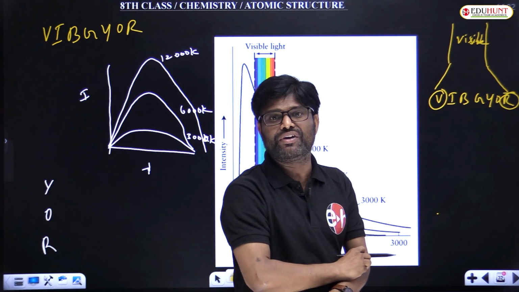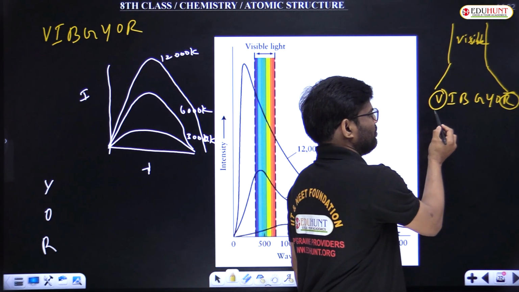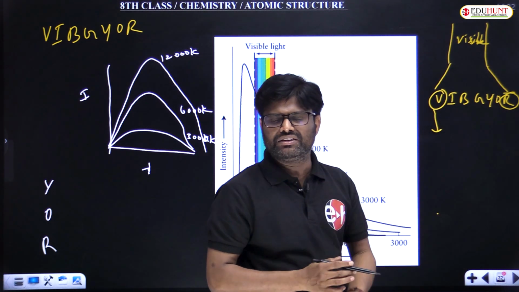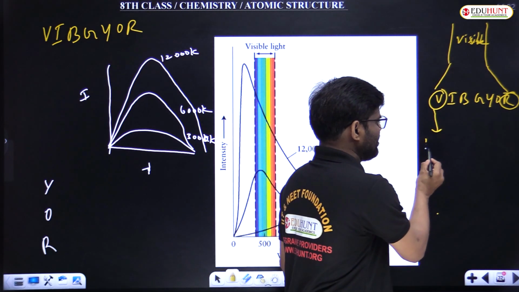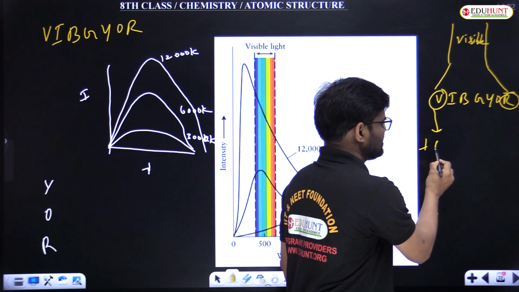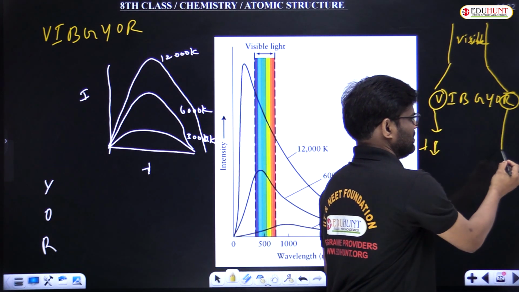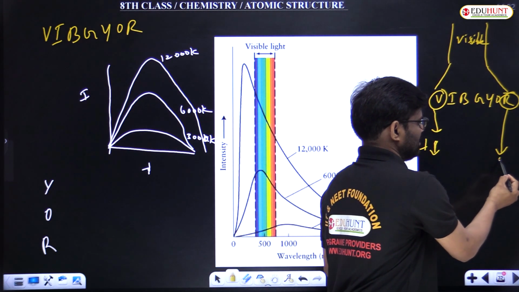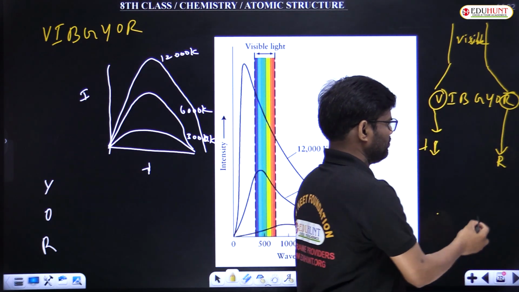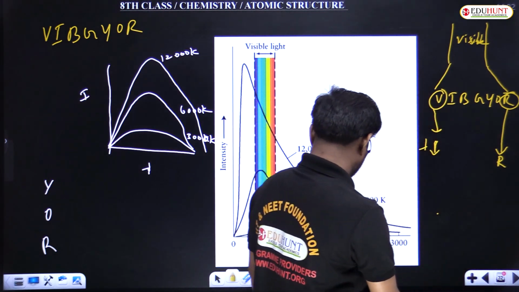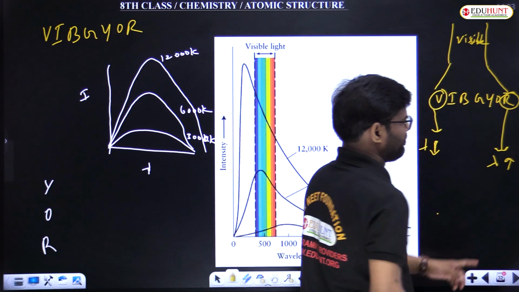So what happens to the wavelength? Violet color has less wavelength, lambda is less. Red has more wavelength, lambda is more for red.